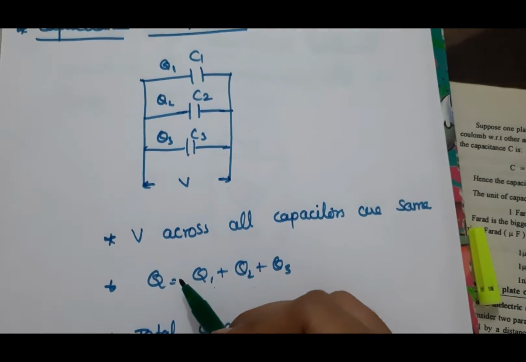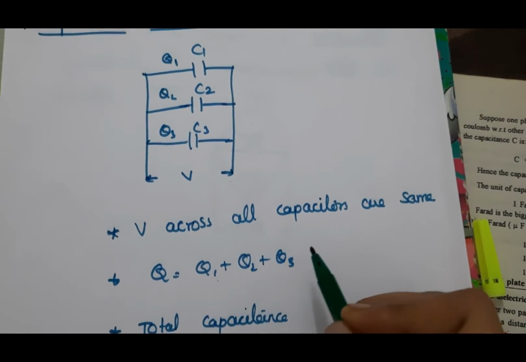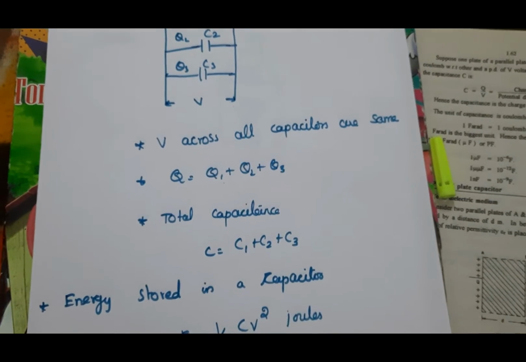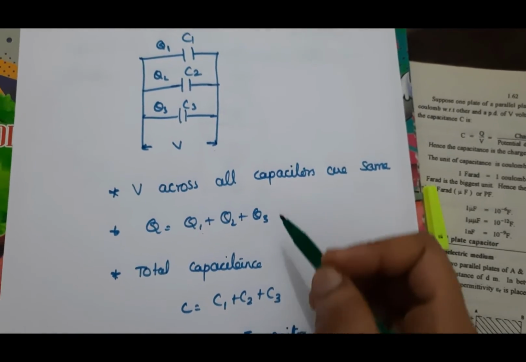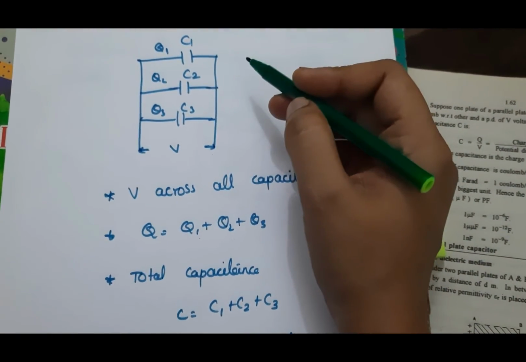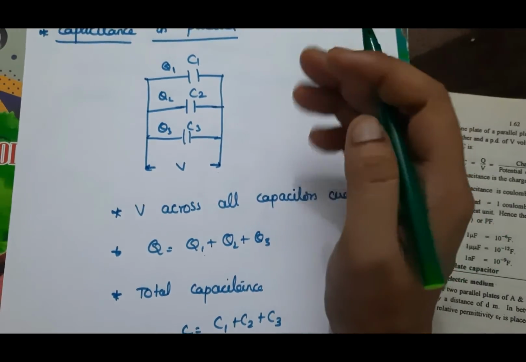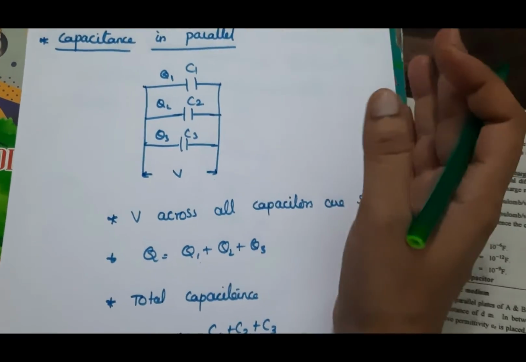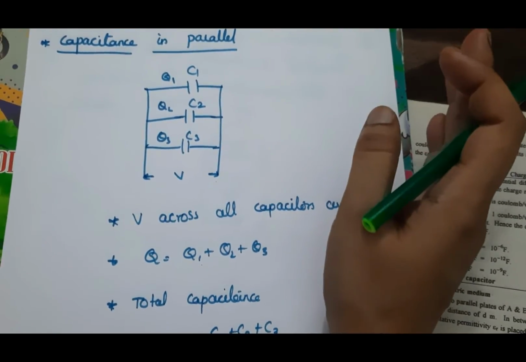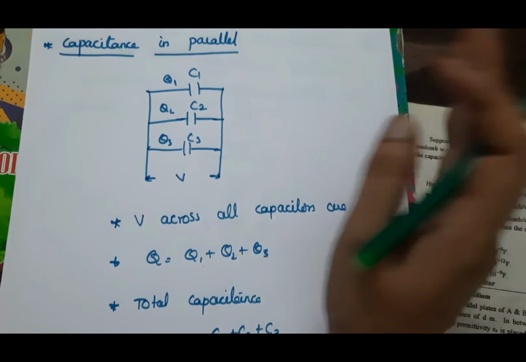The total capacitance is nothing but the addition of all three parallel capacitors, which is quite opposite to resistance in series and parallel connection.